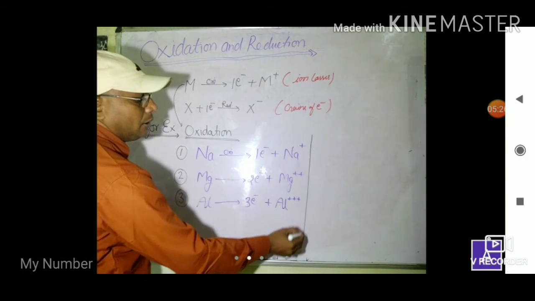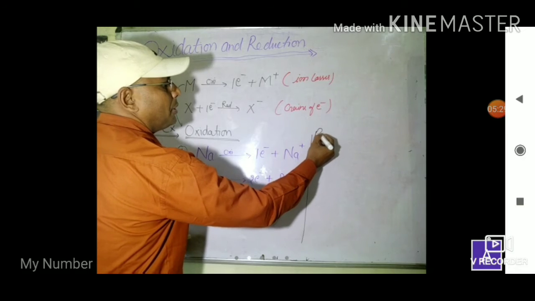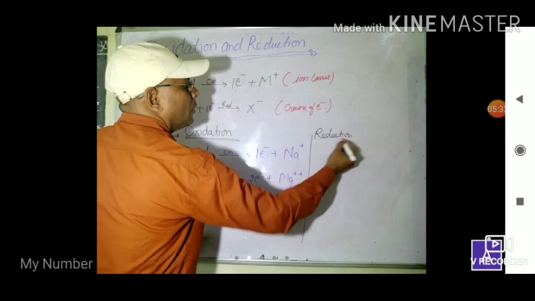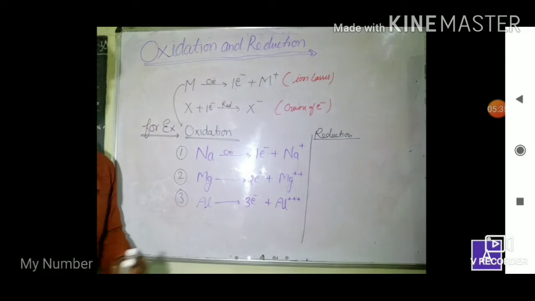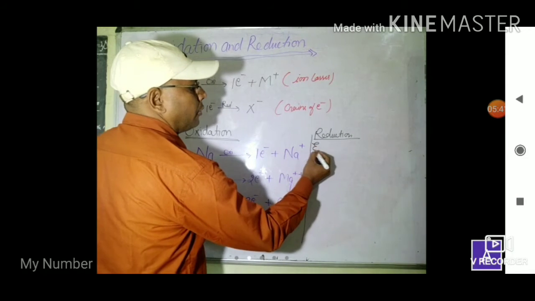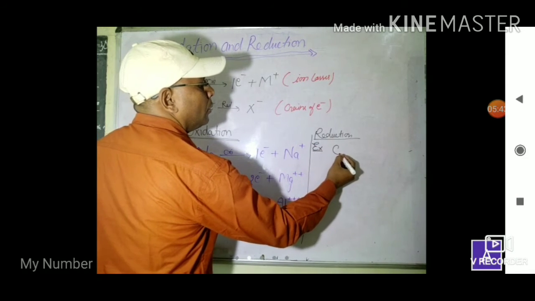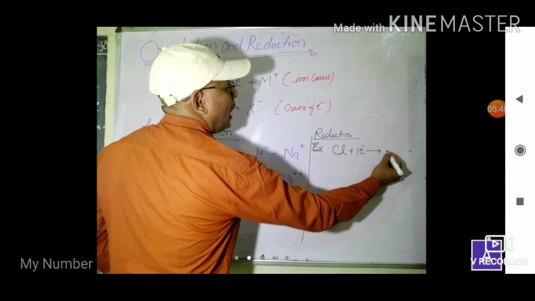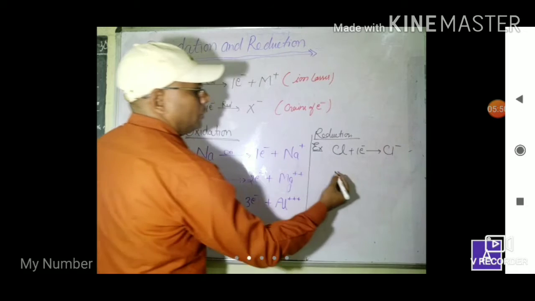And reduction, modern concept with examples. Reduction is gain of electrons. For example, chlorine gains one electron and has a charge of one negative.